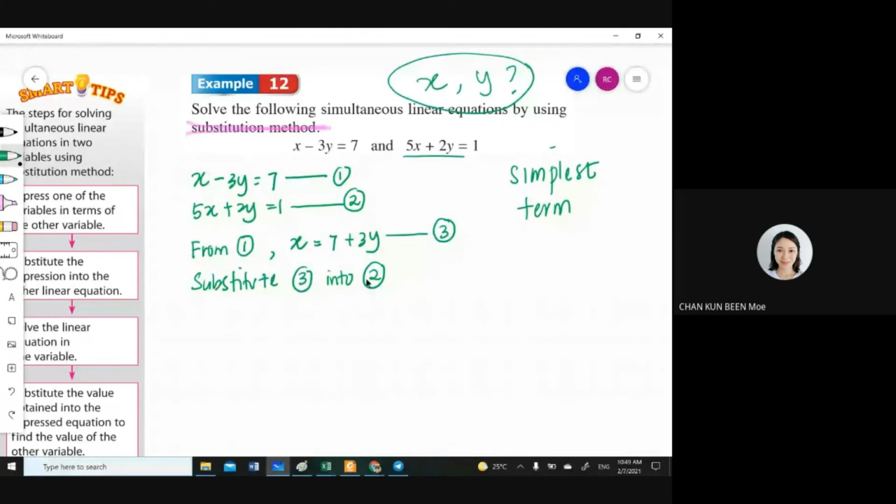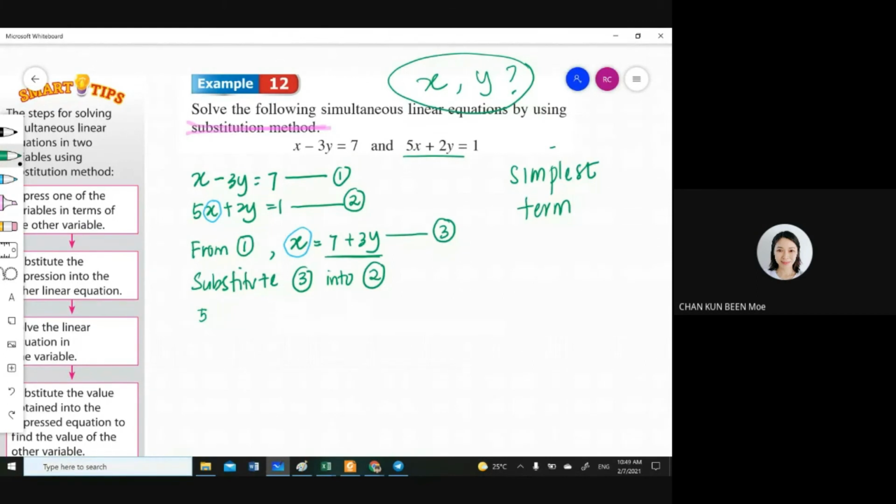Okay, substitute 3 into 2. I'm going to substitute this 3 into 2. How to substitute? We are going to substitute the value of x into the x here. So I can write already 5x plus 2y, where the x will be 7 plus 3y.